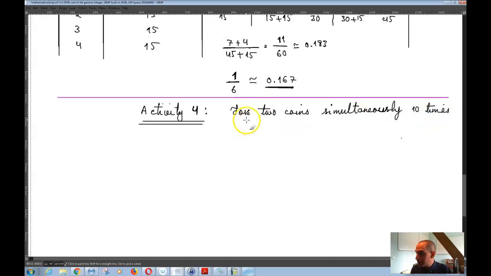So that's the experiment that we did. And then we had, for example, the number of times no head came up, the number of times one head came up, the number of times 2 heads came up, and so on. And we calculated the value of the observations there, and then we got some values here.